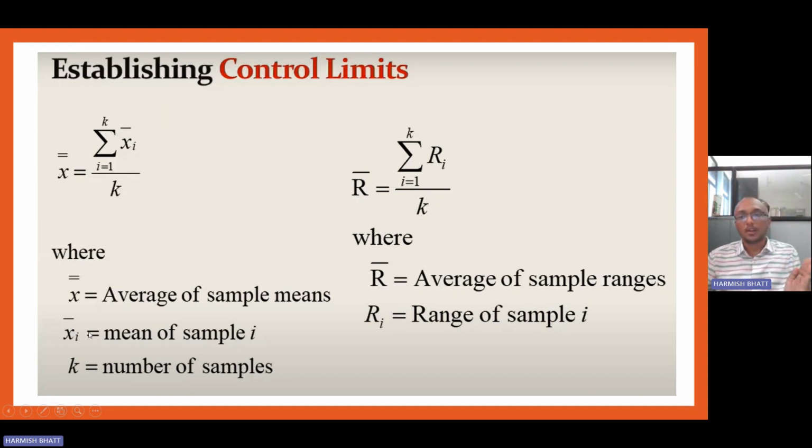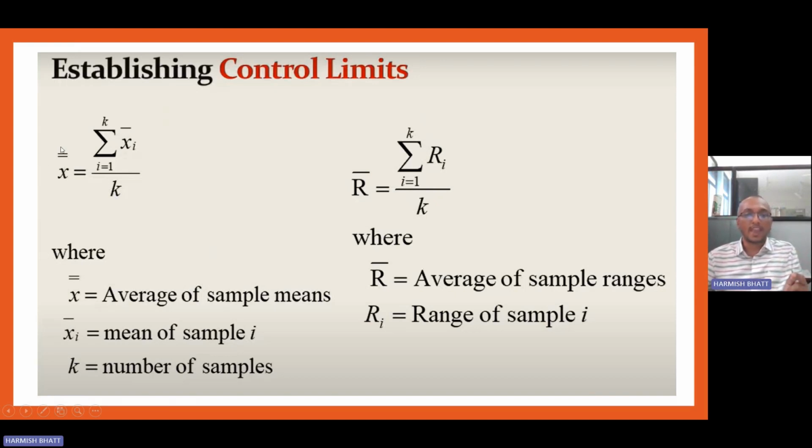Okay. Then after, we will be taking the average of the sample means. It means that X bar 1, X bar 2, X bar 3, suppose 10 samples are there, so k will be equal to 10. So X bar 1, X bar 2, X bar 3 up to X bar 10, the summation of all will be done, and then it will be divided by the value of k, the total number of samples.